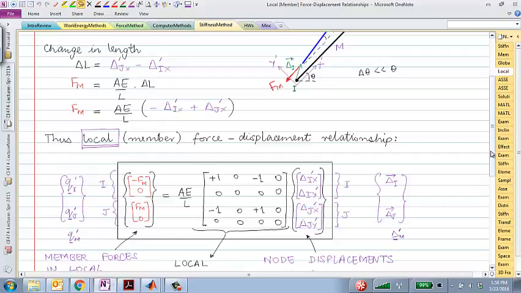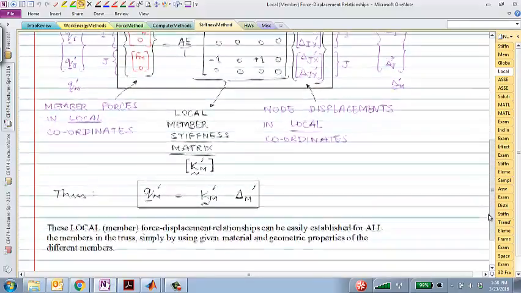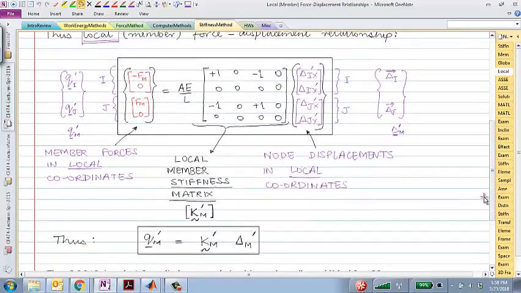Okay. All right. So a shorthand way of expressing this relationship is basically just combining this 4x1 into a Qm prime. Wherever I have a prime, that prime denotes local coordinate system. So forces in the local coordinate system, which actually consist of 2 parts, Qi prime, Qj prime, that's what Qm is.